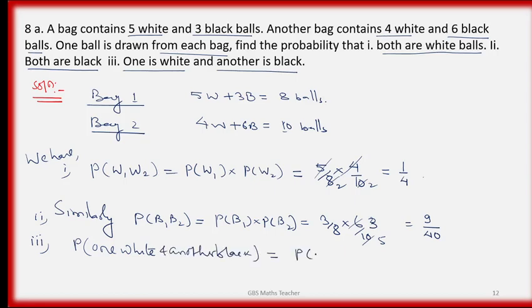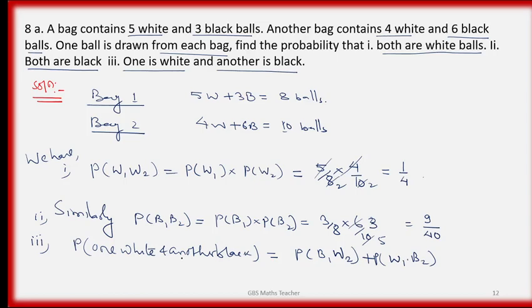Probability of B1 first and W2 second, or probability of first W1 and second B2. Remember, one white and another black, two possible cases.